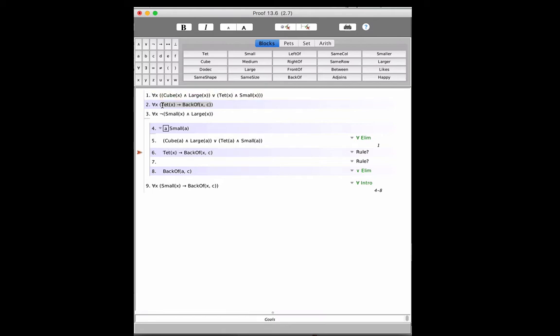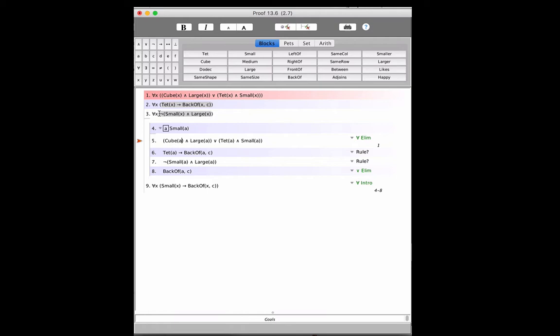This is the one, as a reminder, that involves an existing constant C. So that gets left alone. And then lastly, the universal negative that says nothing is both small and large. So we get the sentence, A is not both small and large, or it's not the case that A is both small and large.